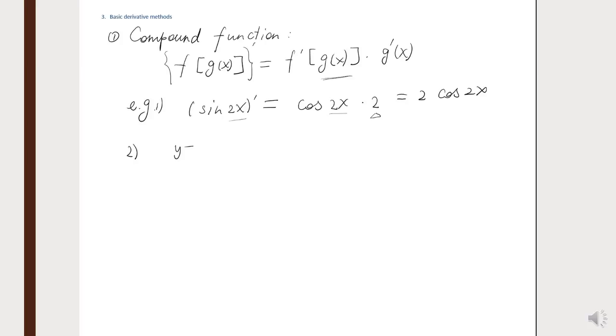So we have a function, looks like this. Okay, and of course I have to say the range of x is bigger than 0. Okay, so find out the derivative of y.